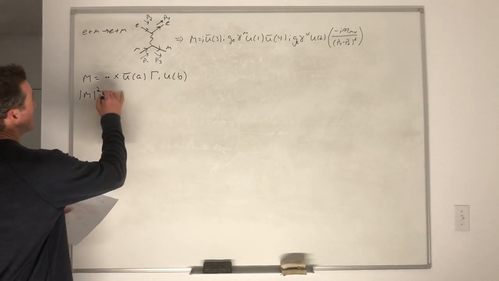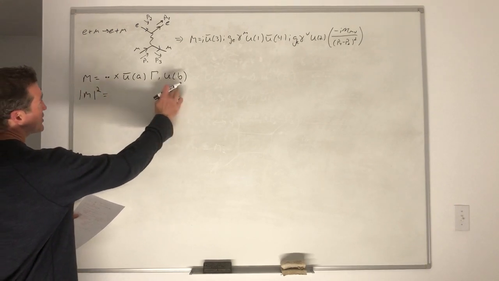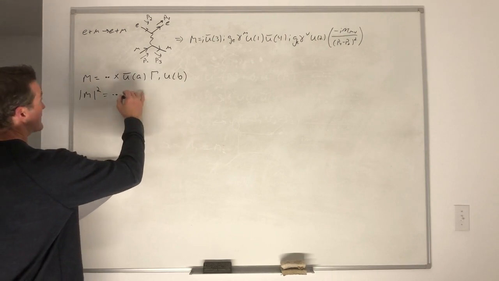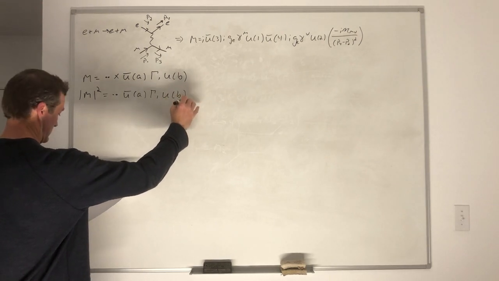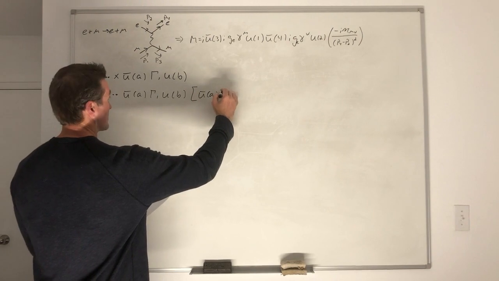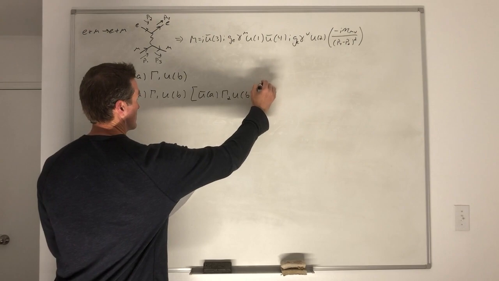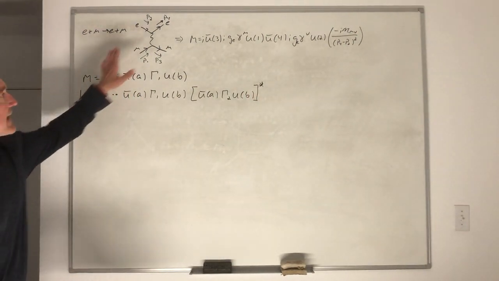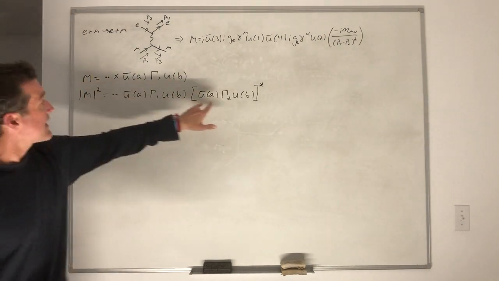So first of all, if the matrix element M contains a term like this, then the magnitude squared should contain something like this. Right? Because this is going to take everything in here and multiply it by its conjugate. So we're going to get this term times its conjugate.